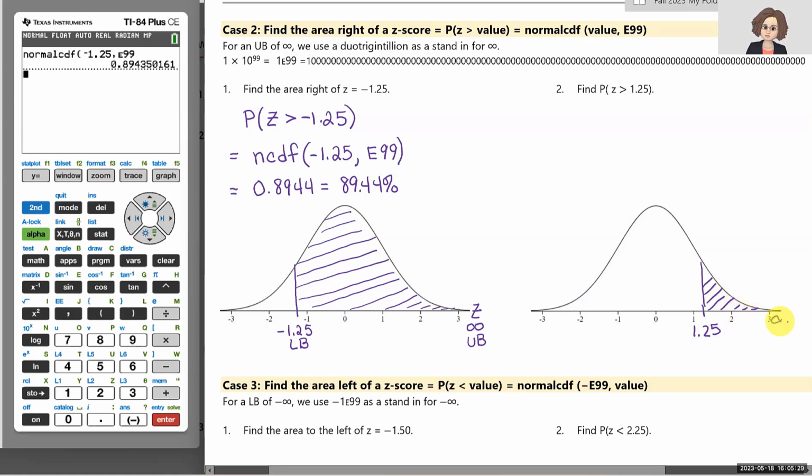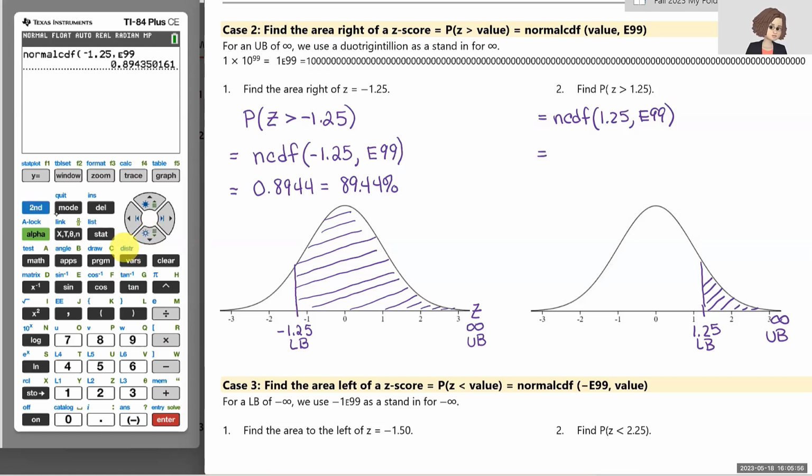So in theory, we're going to shade forever to the right. So for our upper bound, we substitute for our infinity, our duotrigentillion number. So normal CDF, positive 1.25, and then E99.